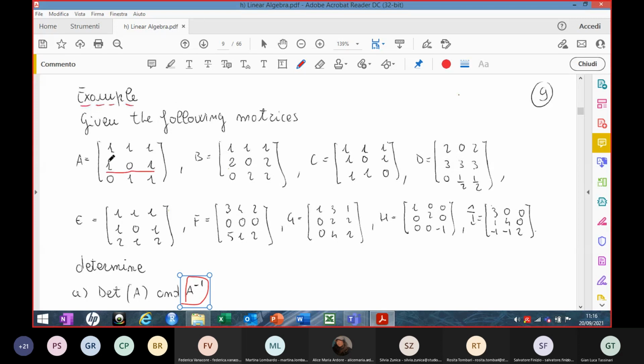Remember, apply the definition. This element is in the position second row, first column, so the indexes are 2 and 1.